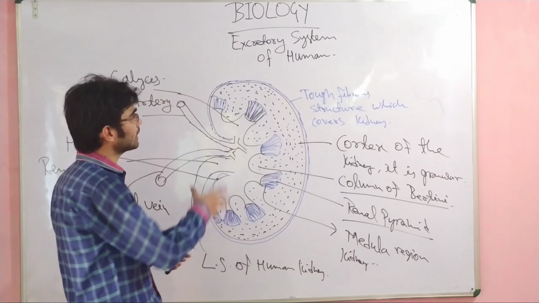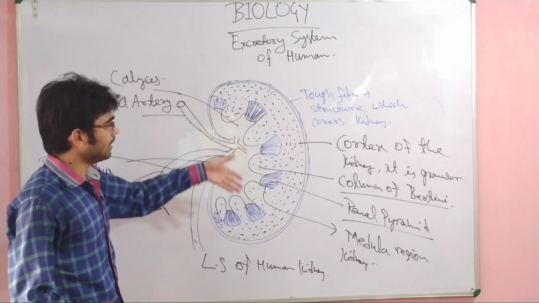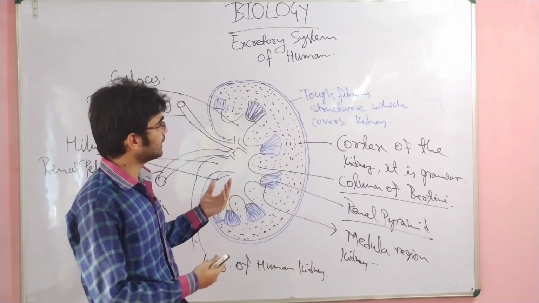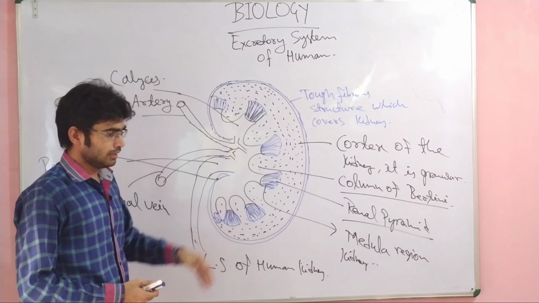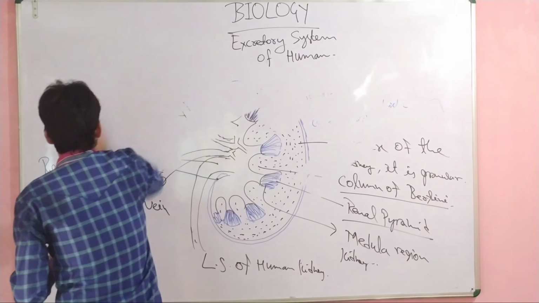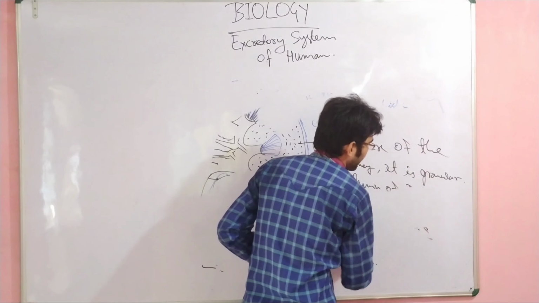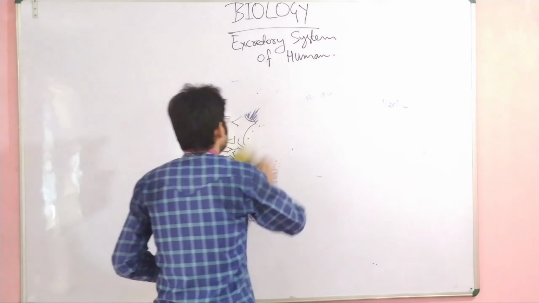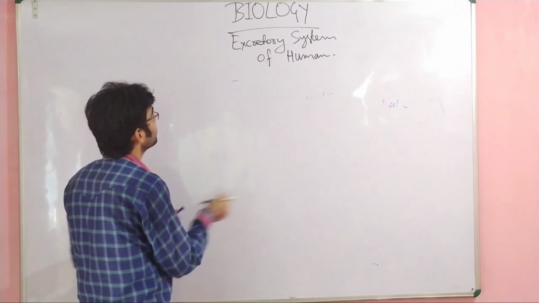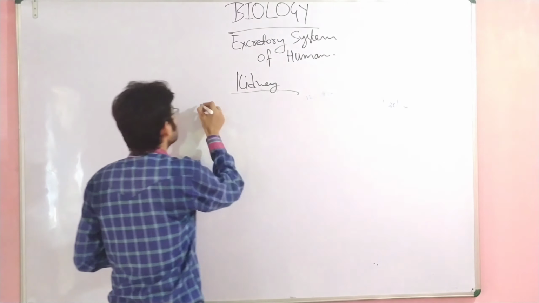Now I'm going to give you a lecture on the kidney. You may draw this structure. I'm going to erase this to give you the lecture. Our kidney is a pair of metanephric kidneys.